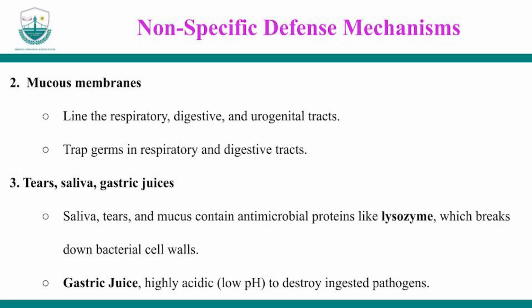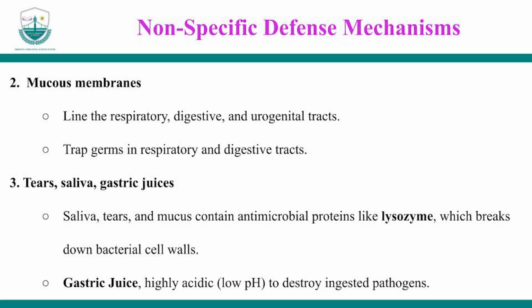It's a response to make sure that the foreign body is removed. These tears, just like the saliva, contain lysozyme, which can break down the bacterial wall, therefore killing the bacteria.